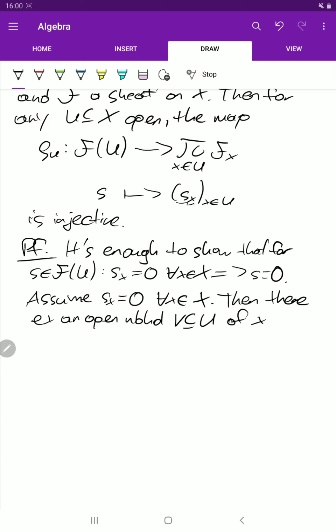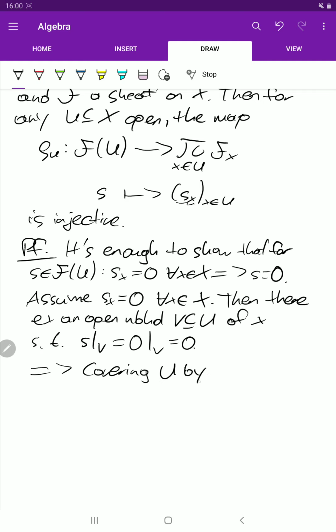So if we have some x, then such that s restricted to V is 0 restricted to V, which is 0. Okay, and now we can cover U by such sets.